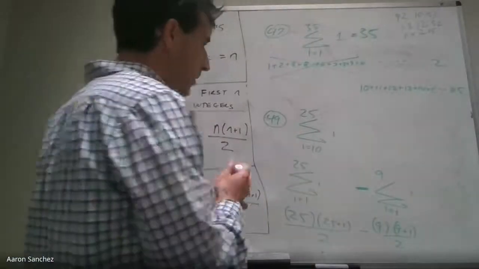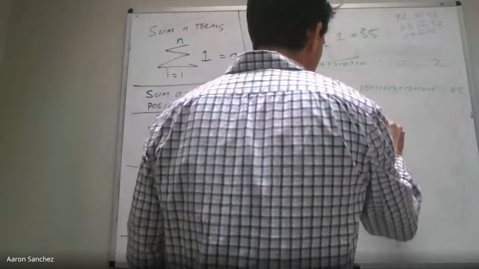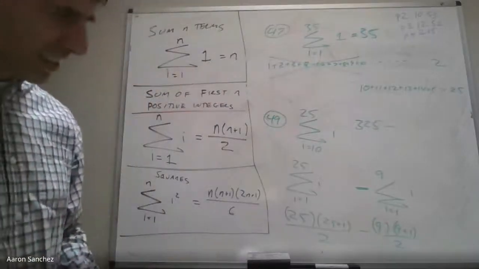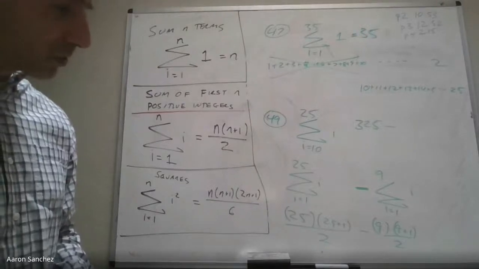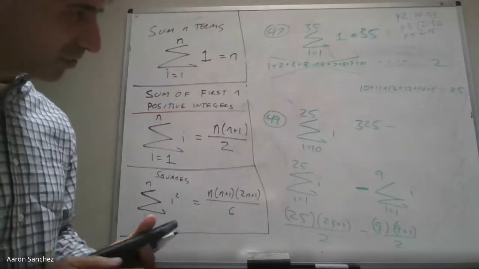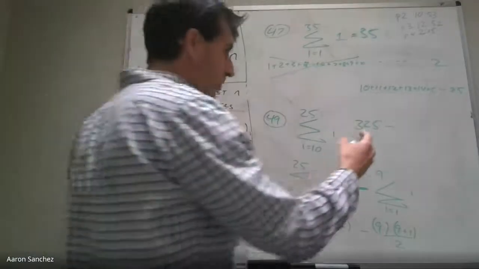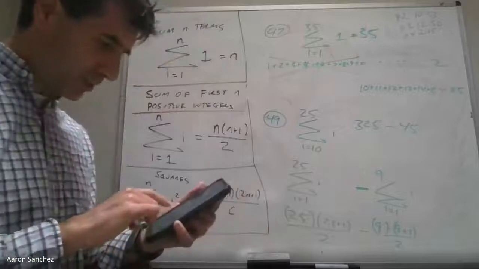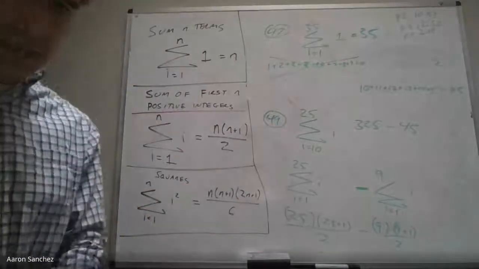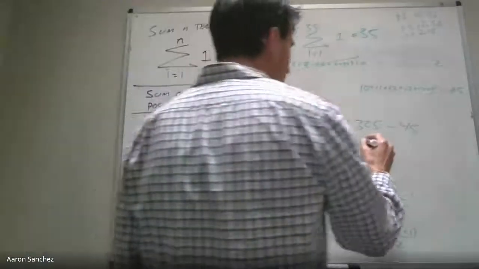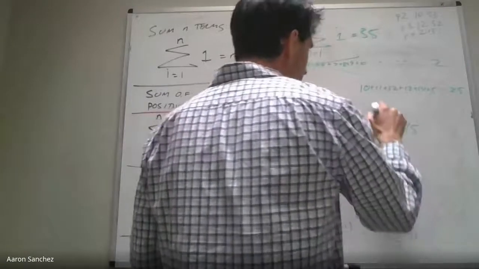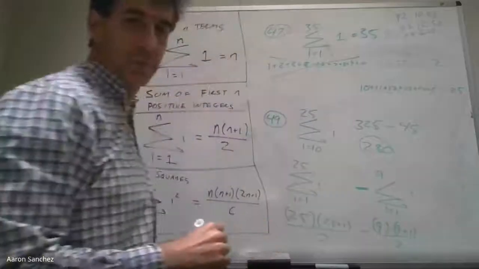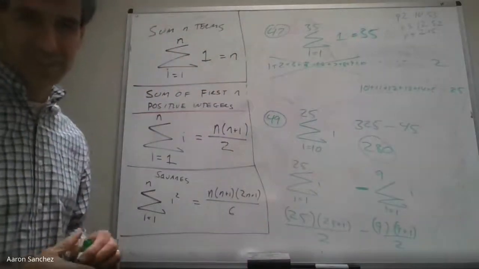So this here is going to be 325 minus this here, which is 9 times 5, which is 45. So 325 minus 45 is 280. So it's going to be 280. Of course, if you want, you can go 10 plus 11 plus 12 plus 13 plus 14 plus, you can do that too.